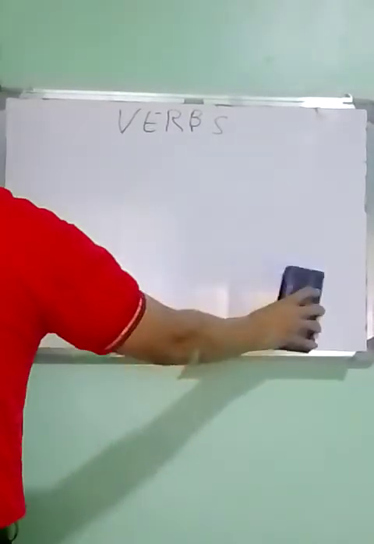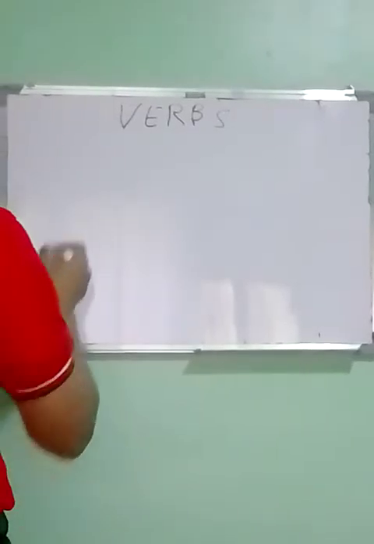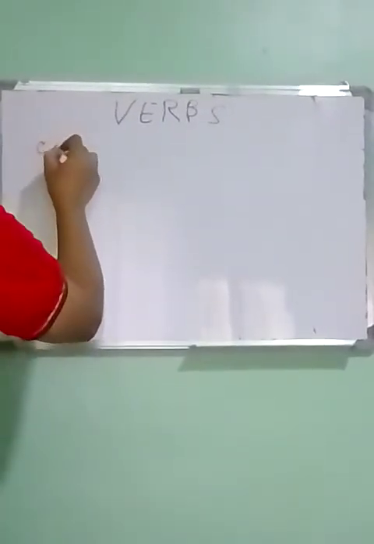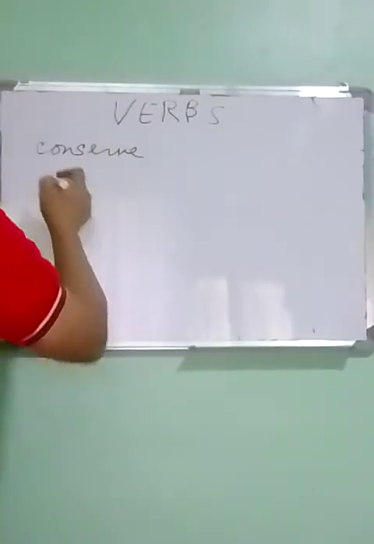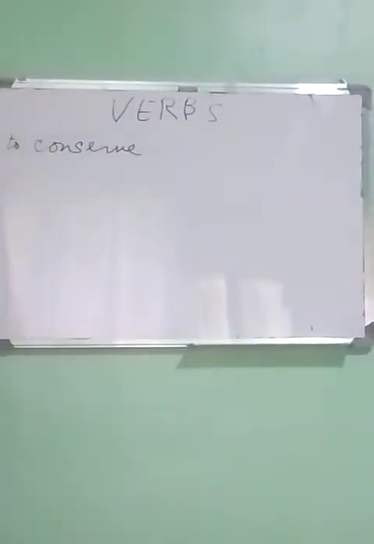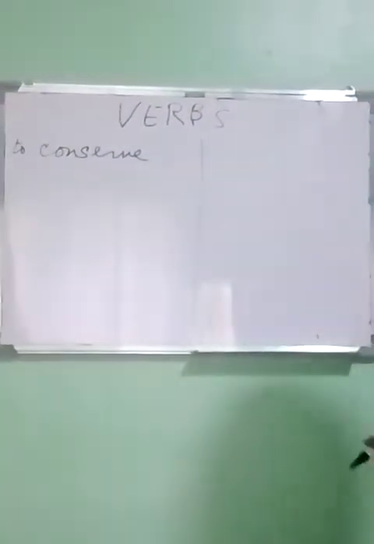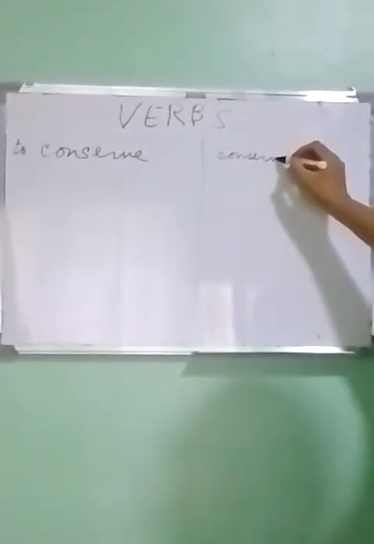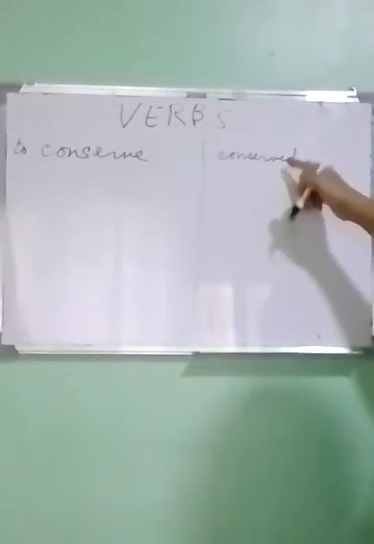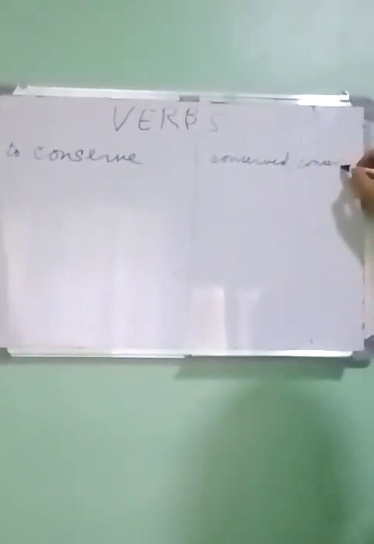Now, say for instance the verb to conserve. Is this a regular verb or irregular verb? Of course, the past tense would be conserved. You just add the D. And the past participle is also conserved.